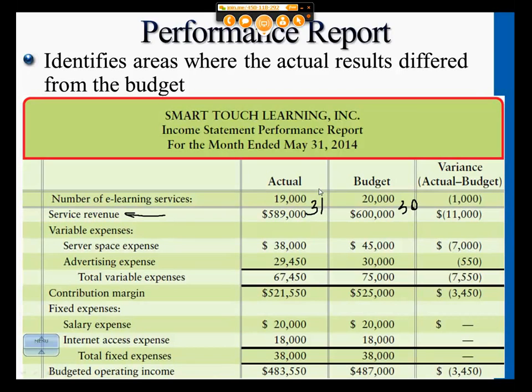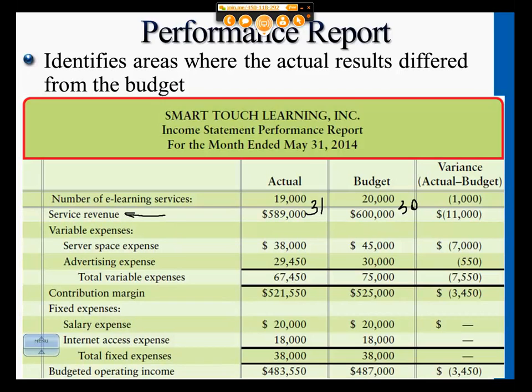So what does it mean? I have an actual number that's 31, but I budgeted 30. I got $31, right? And I planned to get 30. Is it good or bad?